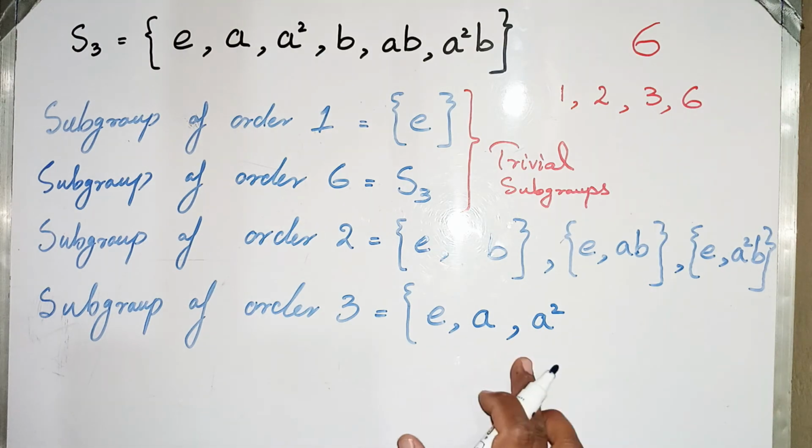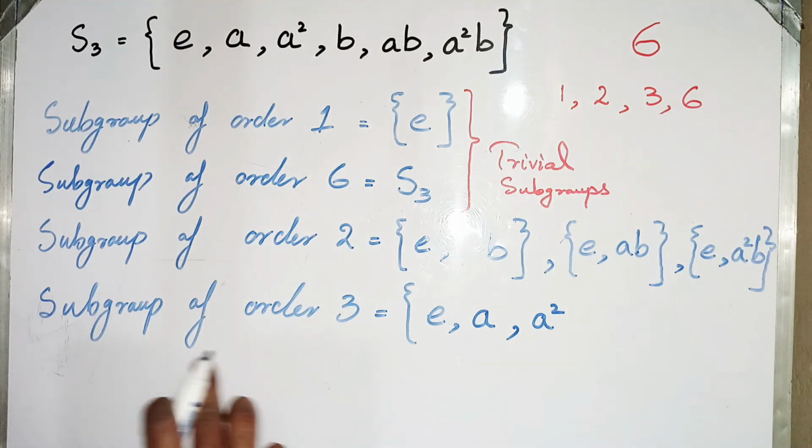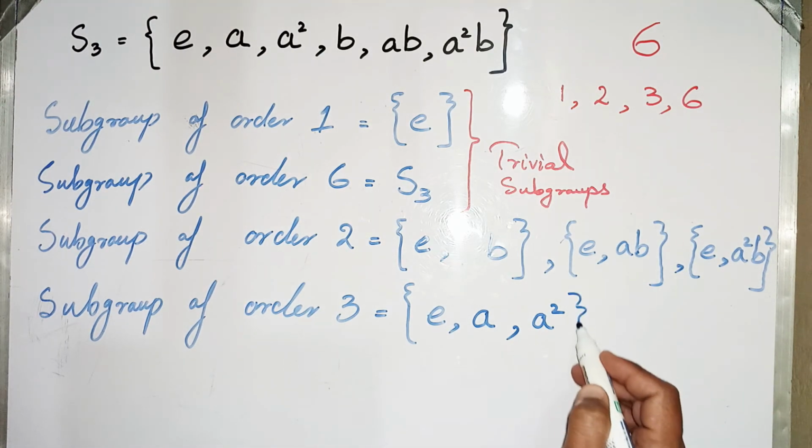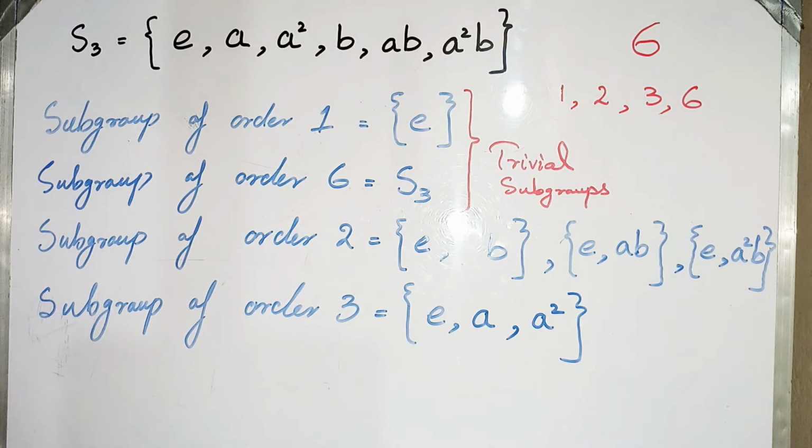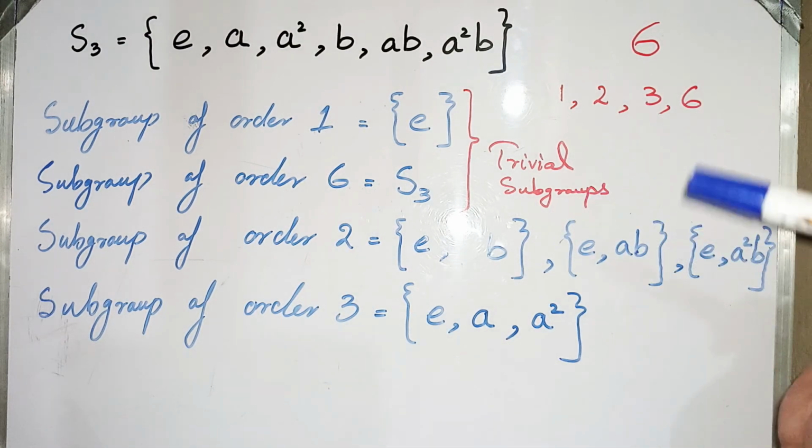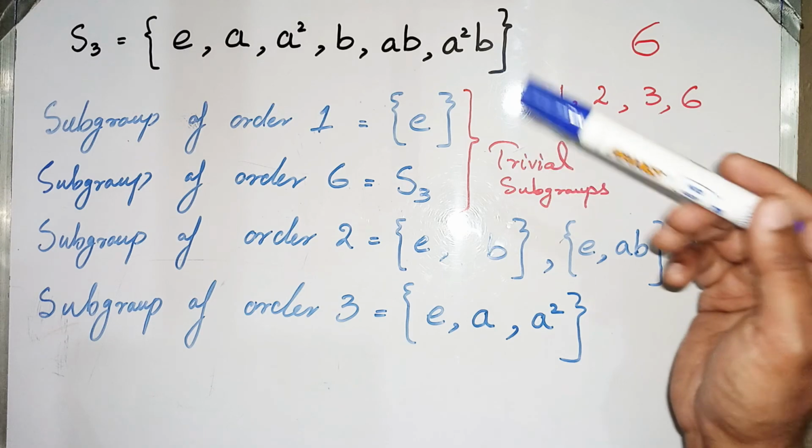This completes the three elements because we are writing a subgroup of order 3, so this is a subgroup. The subgroup related to order 3 is only this one. So these are the subgroups of the group S3.